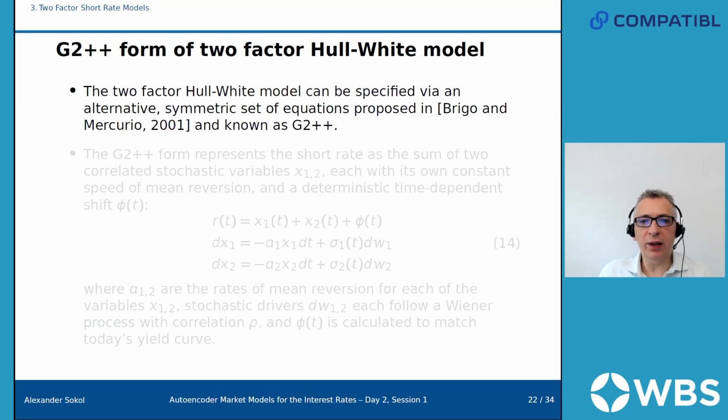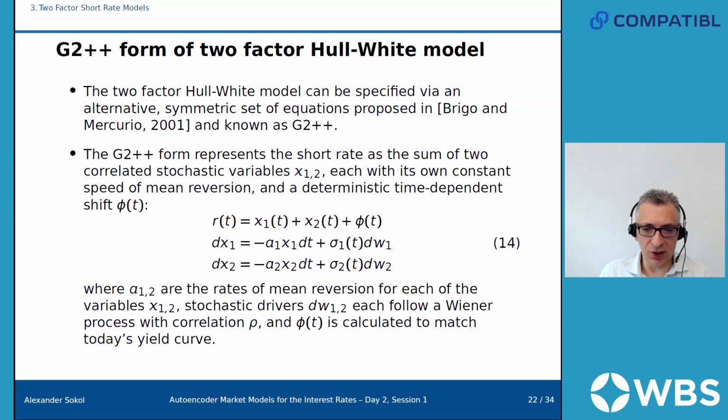Right, now the two-factor Hull-White model can be specified by an alternative symmetric set of equations proposed in Brigo and Mercurio and known as G2++. This form is symmetrical, so it's actually easier for the analytical solution, but it obscures the meaning a little bit, because now the short rate is represented as the sum of two stochastic factors and a constant deterministic shift.